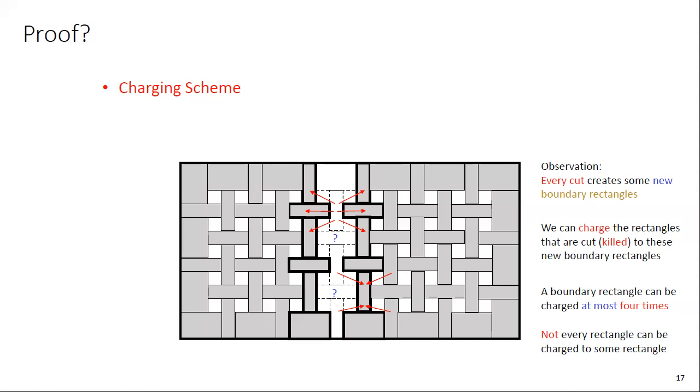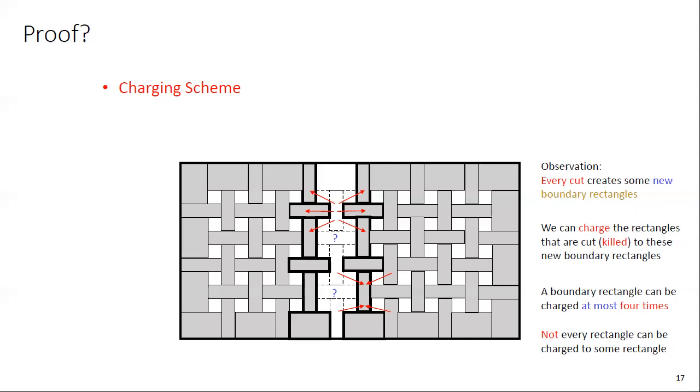So it doesn't get charged anymore in the future? Basically, the intuition is that if this rectangle is charged later in the future, it will be charged from the right side, and then it will not be charged anymore.